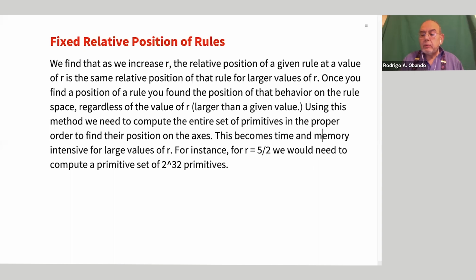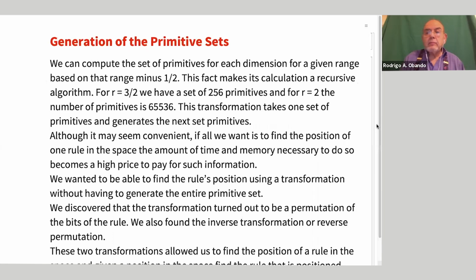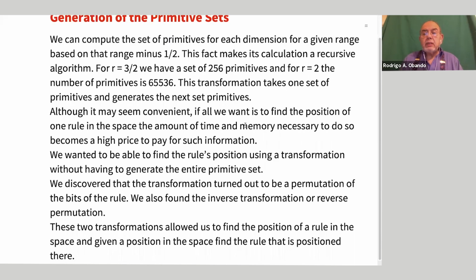All right, so the generation of these primitives, we were able to generate all of this from one set to the other. It's an interesting way to do it. It turns out to be a recursive way that you can generate them. The transformation that we had was really a set transformation.